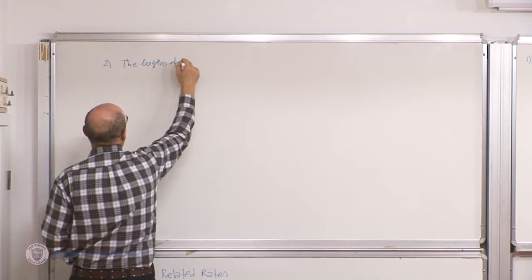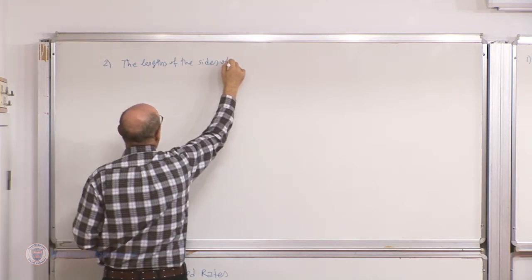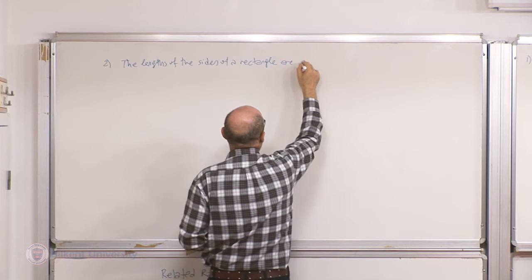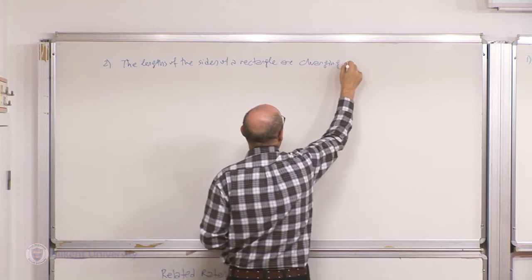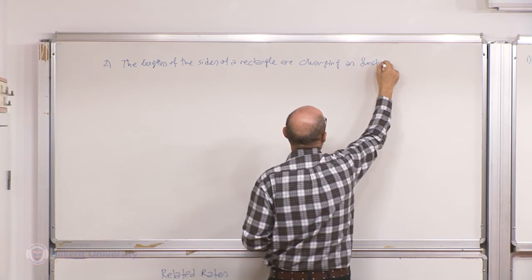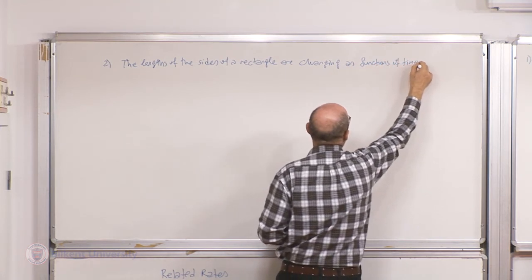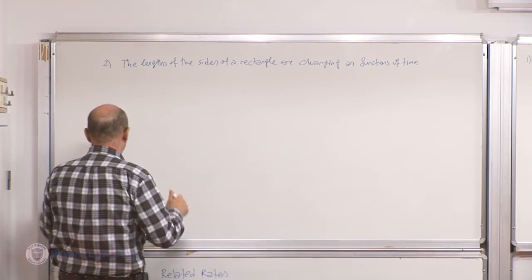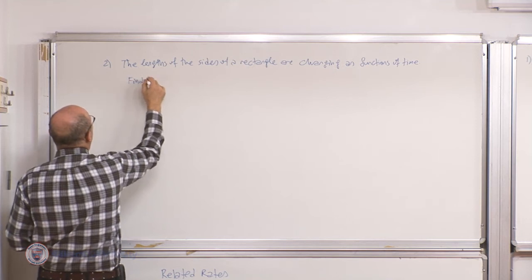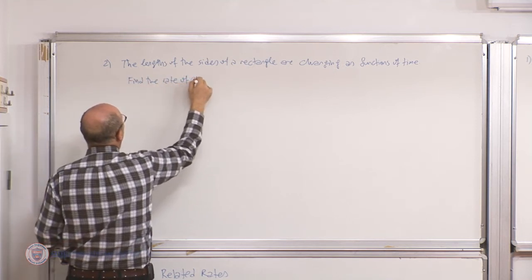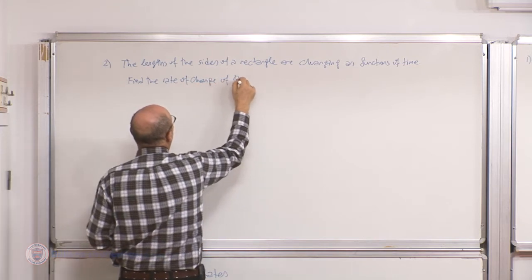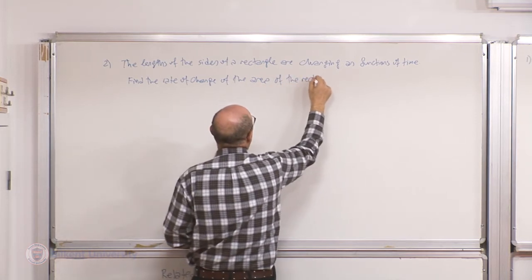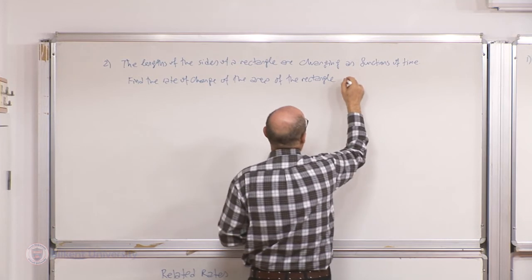The lengths of the sides of a rectangle are changing as functions of time. Okay, so find the rate of change of the area of the rectangle with respect to time.